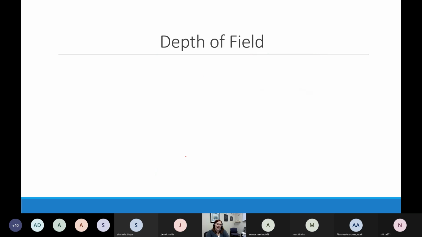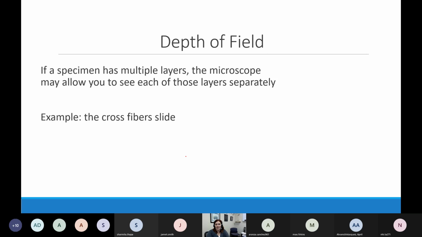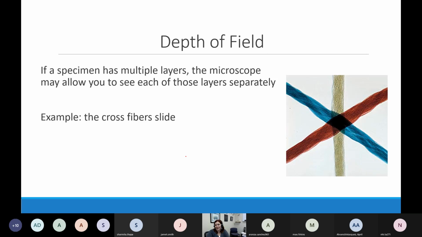When we're looking at slides, our slides contain 3D stuff. So here's an example slide that we have in our classroom. It's called the cross fibers slide. So think about literally 3 different colors of thread that we stacked on top of each other and put a cover sheet on. We have a 3D space that these 3 threads are inside of.